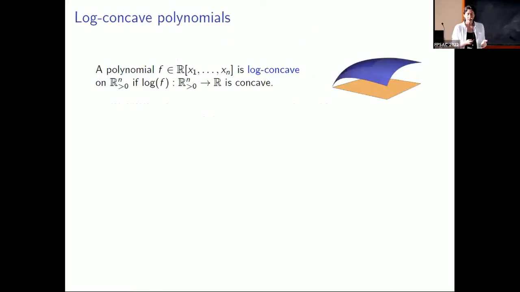So the class of polynomials that I want to talk about are ones where we just demand log-concavity as a function from the get-go. I'm going to call a polynomial log-concave on the positive orthant if, as a function, f is positive on the positive orthant, and when I compose with log, I get something concave.